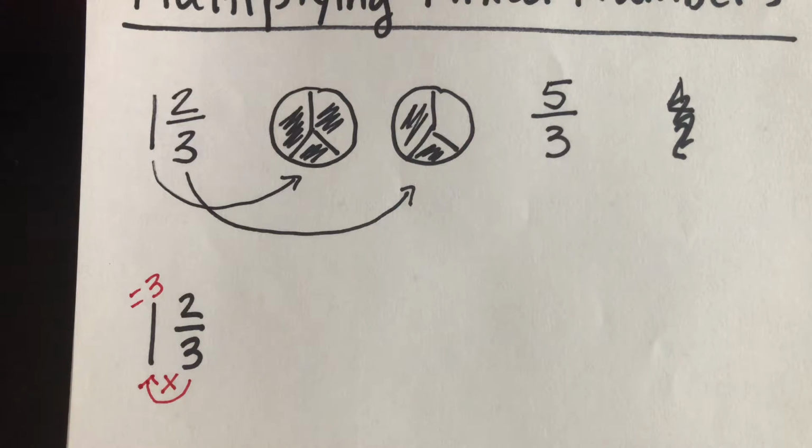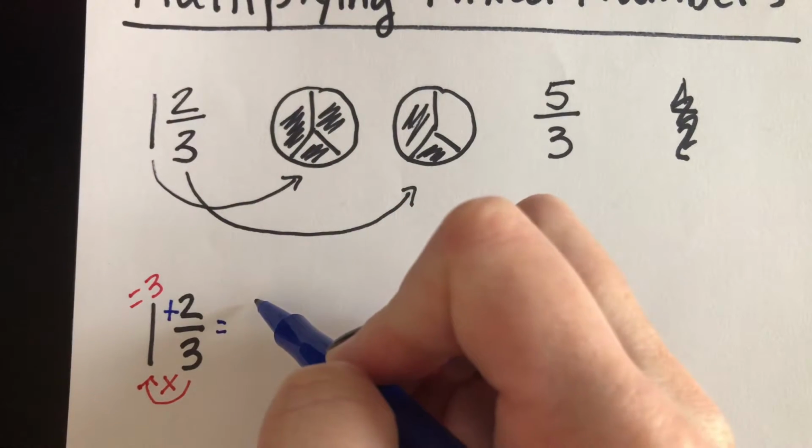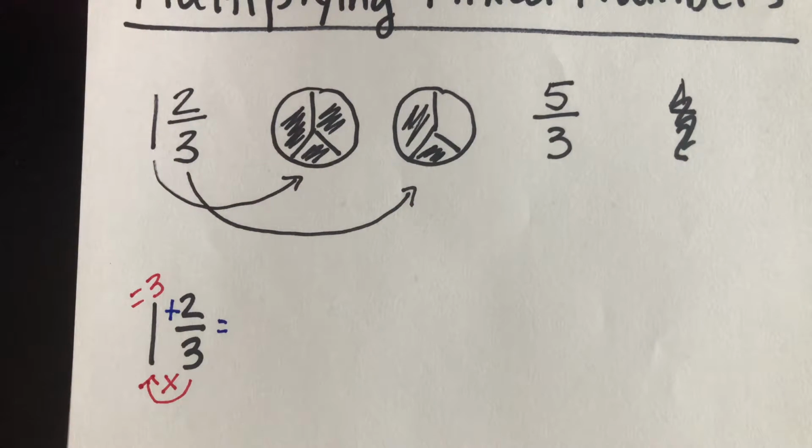And then you're going to add the 3 plus the 2, which equals 5.